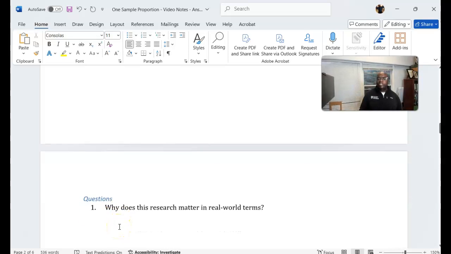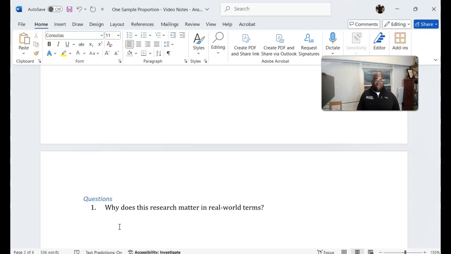So why does this research matter in real world terms? You can imagine if you implement this program or you've received money to implement this program, the stakeholders, those that gave you the money, want to know if it's actually being used. We don't necessarily have some idea of what that rate or percentage is, but we can figure out with some confidence what that rate is regarding the population if we were to just take a sample.